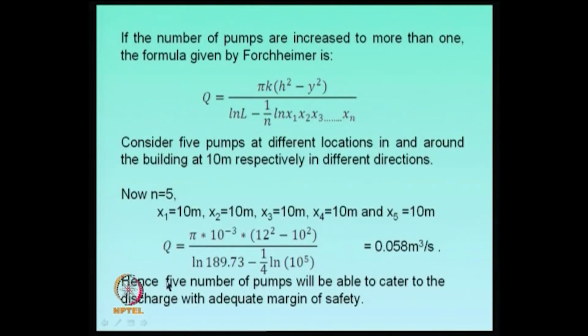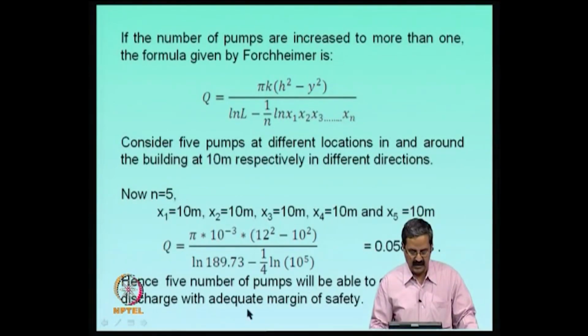Of course, many of these are just numbers; one can change the numbers and get different results. What this means is that one can get the number of pumps required based on the discharge required or the boundary conditions for the given problem, and also have an adequate margin of safety.